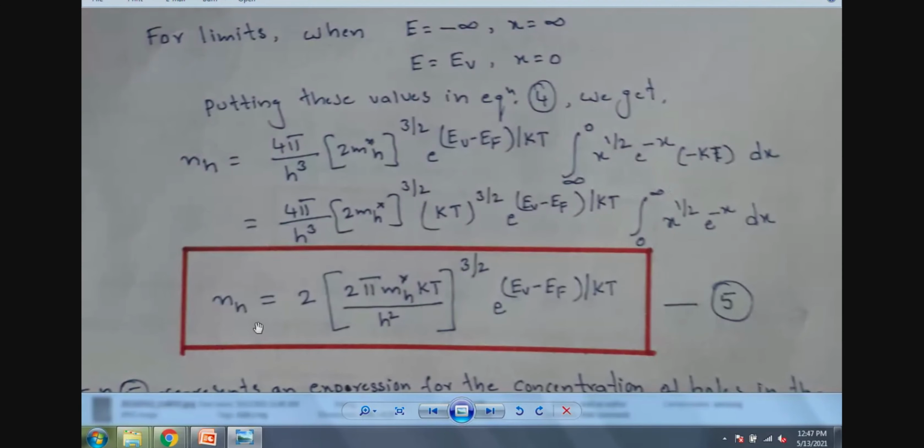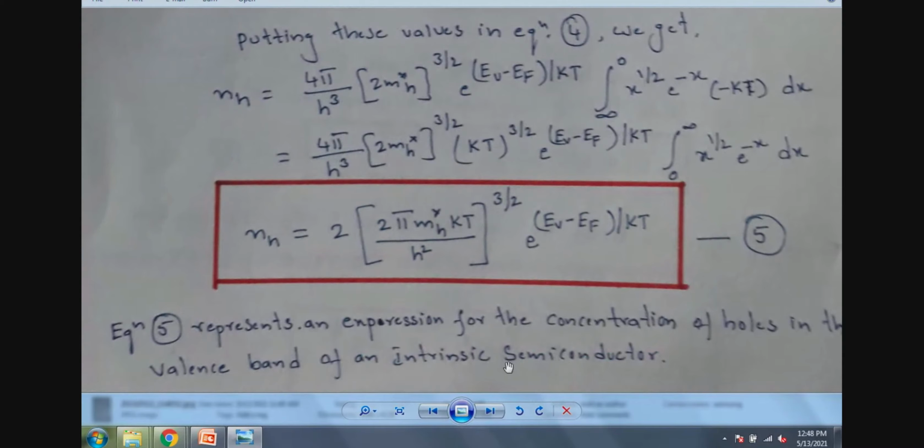So applying here, same, you get the same equation, that is 2 into (2 pi m_h kT by h squared) all to the power of 3 by 2 into e to the power of (EV minus EF) by kT, that is equation 5. So what is the difference between Ne and Nh is, here the effective mass of the electron, here the effective mass of the holes. So that is the difference. So you got both the equations.